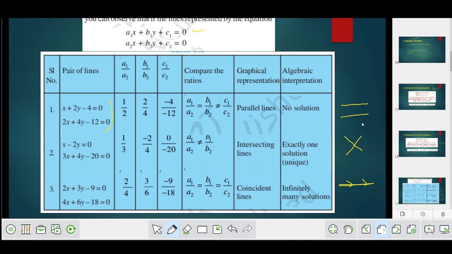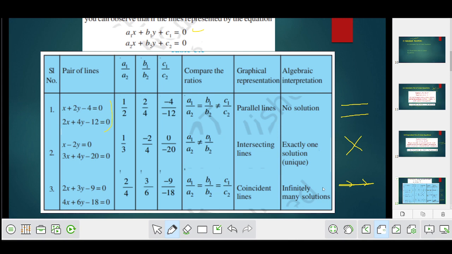A pair of linear equations defined as parallel lines will have no solutions. If these lines intersect each other, they will have a unique solution because there will be a point of intersection.